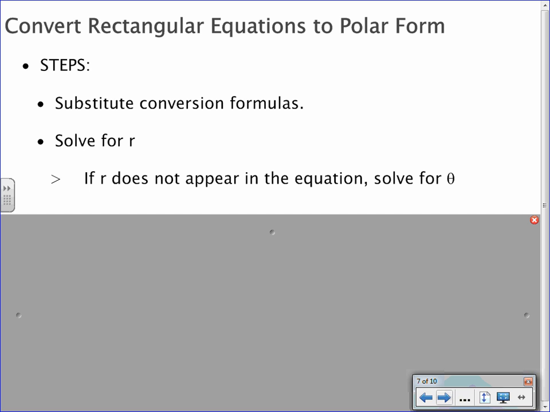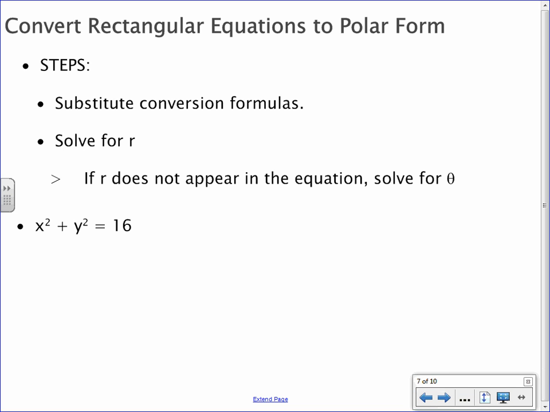Okay, but I would prefer that you solve for r. When we go through these examples, I'm hoping that you find some familiarity with the functions that we go through, with the equations right there.